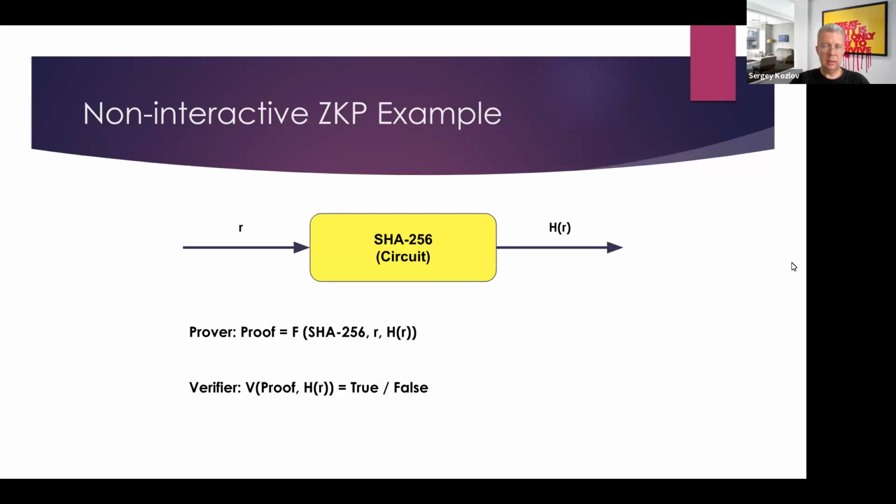When we send this proof to the verifier, taking this proof and having the public output, the hash, they can answer the question whether we know or don't know the initial data from the private input which we used. So that's how it works.